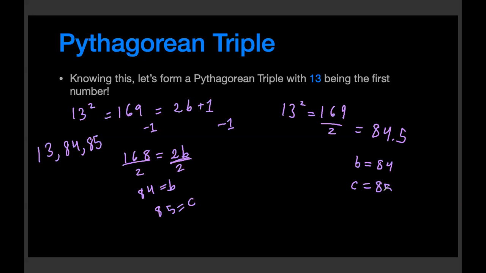Yeah. So different methods, but it still worked. We got the exact same answer. All right. Anyone else have any other methods? I did a similar method to Naomi. I did 169 divided by 2, which equals 84.5.